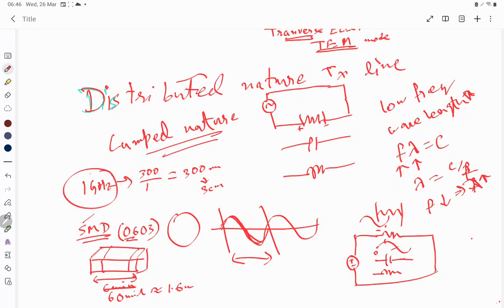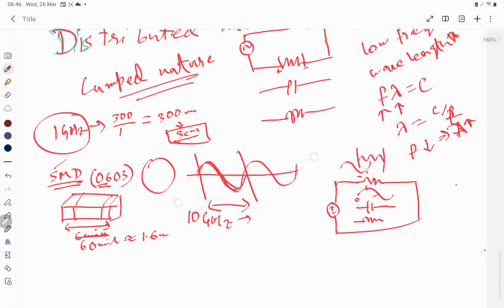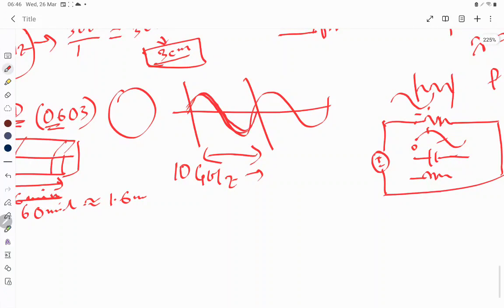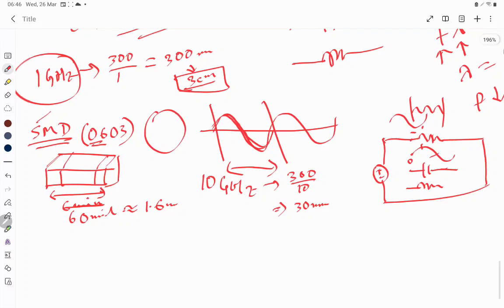So at 1 gigahertz, this 0603 SMD component is much smaller than your wavelength. But say we go now to 10 gigahertz, and now your wavelength becomes about 30 millimeter. So there is almost some comparability.